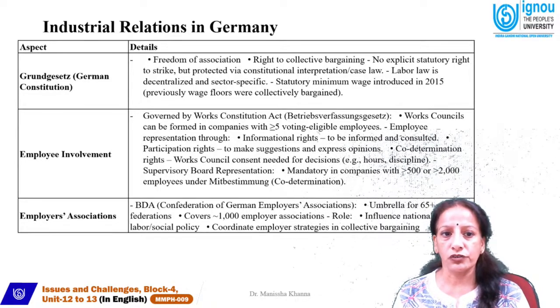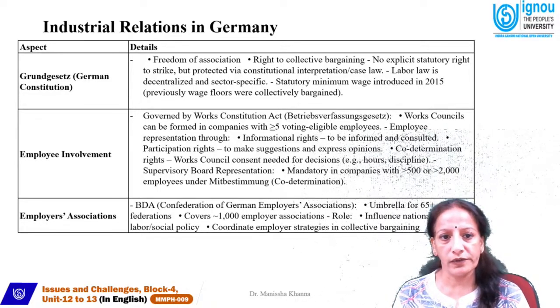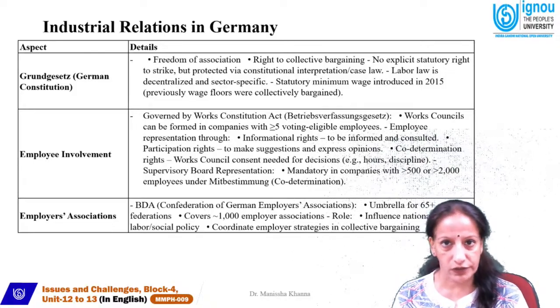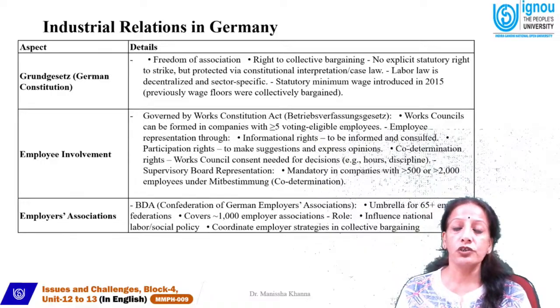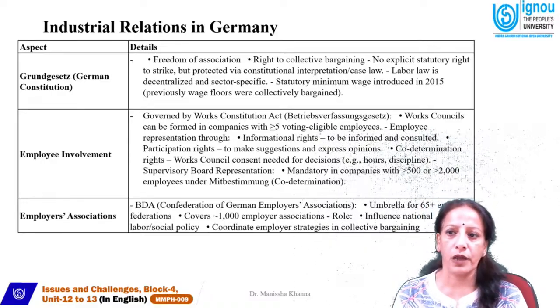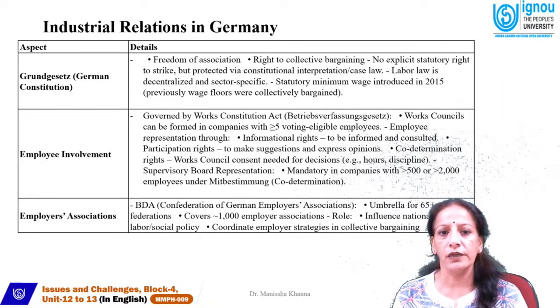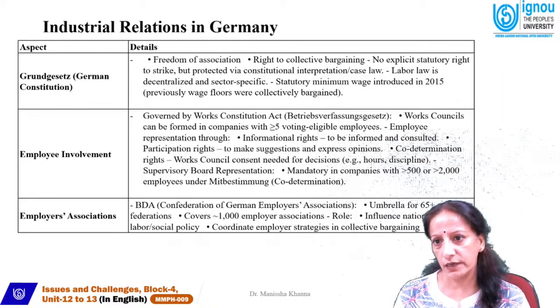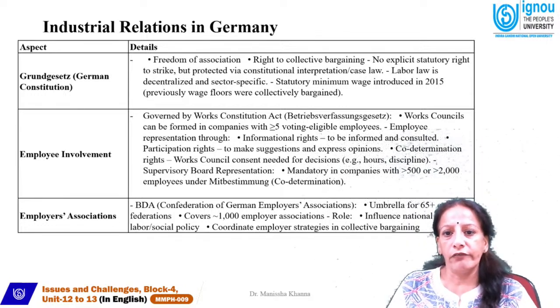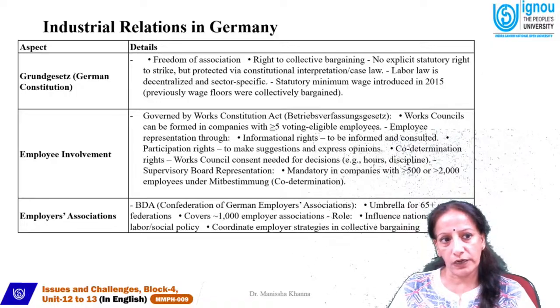The trade unions in Germany are very industry specific and typically centralized. There is the Deutscher Gewerkschaftsbund, that is DGB. This is the main federation, which includes 12 sector unions, for example IG Metall. Unions are well resourced and influential in policy and wage bargaining.